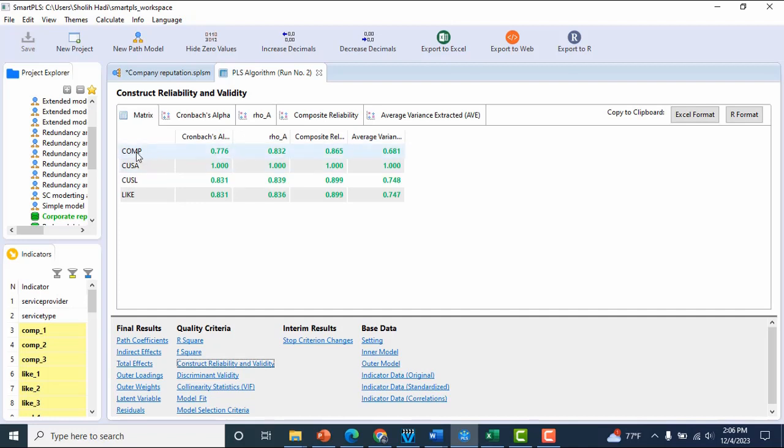We just see COM, JOSL, and LIKE, and all three of them are satisfied. Rho_A should always be between Cronbach's alpha and composite reliability. We can see here it is between them. And then the AVE should be greater than 0.5. Yes, it already is.